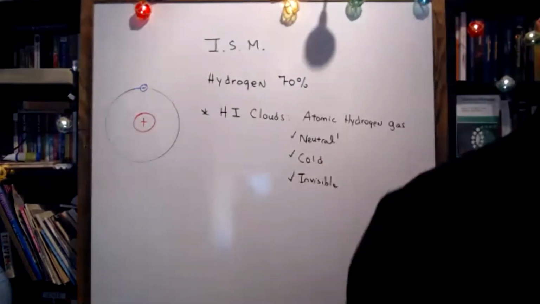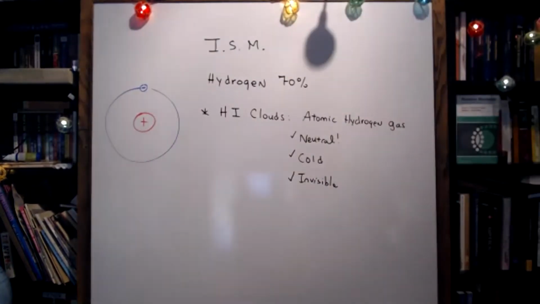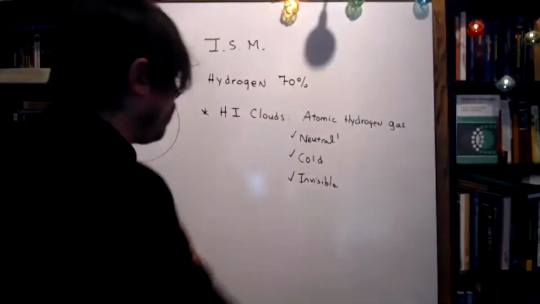It's invisible and it's difficult to see, but we know it's there because of a tricky thing having to do with quantum mechanics. So when I say invisible, I mean invisible almost.